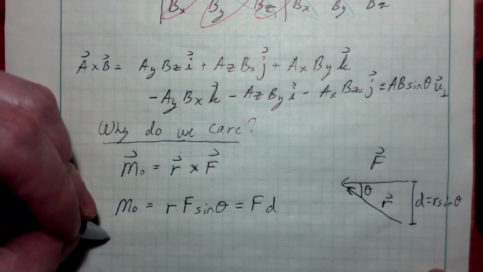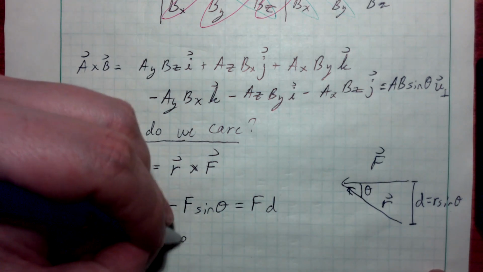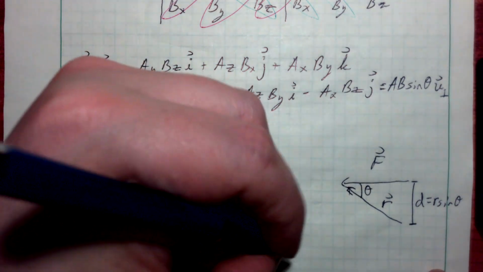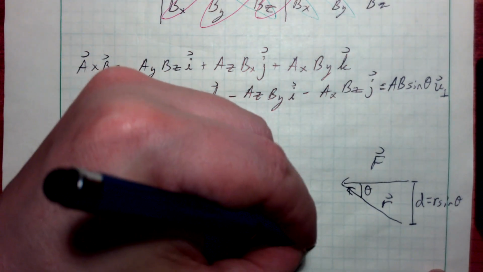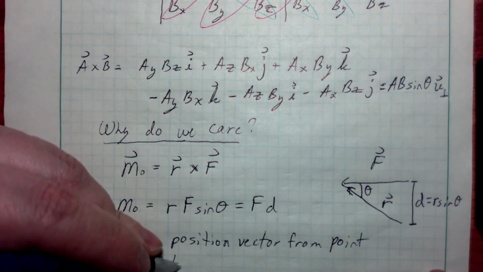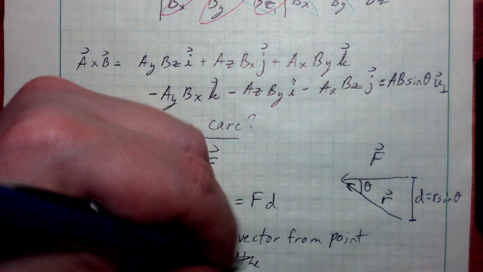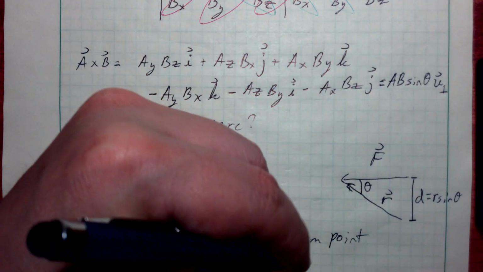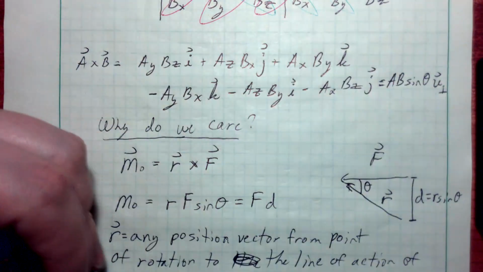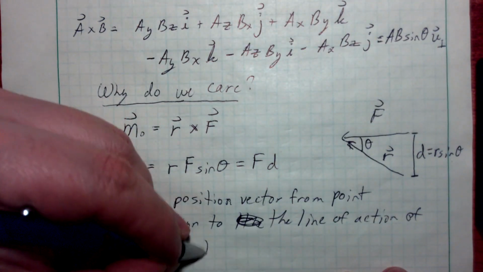So what happens then is r can be any position vector from the point of rotation to the line of action of the force F.